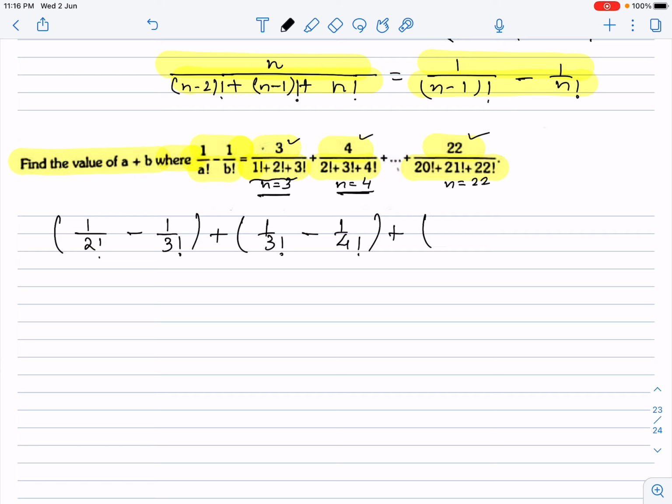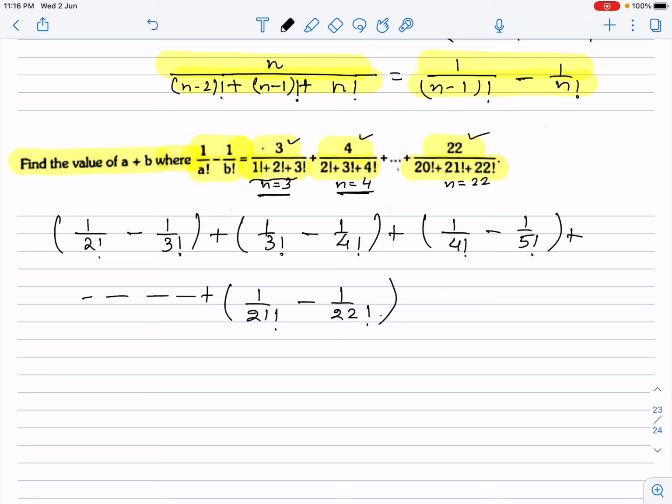Similarly, we'll be keeping on going. For n is equal to 5, when I'll be going to write it over here, it will be becoming 1 upon 4 factorial minus 1 upon 5 factorial. Goes on till n is equal to 22. So the final term will be written by me, 1 upon 21 factorial minus 1 divided by 22 factorial.